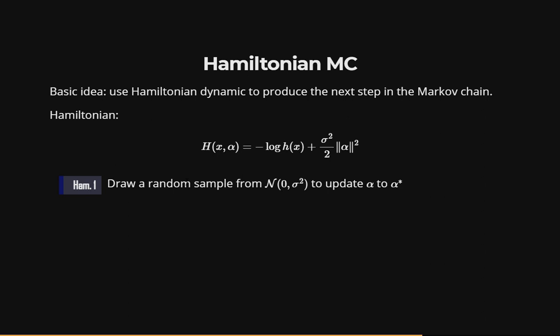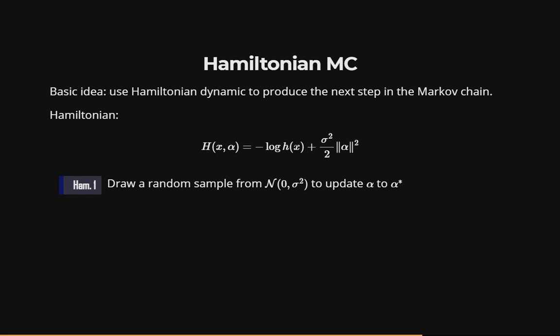So what's the scheme of the algorithm? You draw a random sample from the normal distribution of mean 0 and variance sigma squared to update alpha to alpha star. So we start from a point x alpha, and we randomly move alpha, because we are not interested in alpha. In the end, we will be interested only in the x part, because the x part is the part where our probability density is.